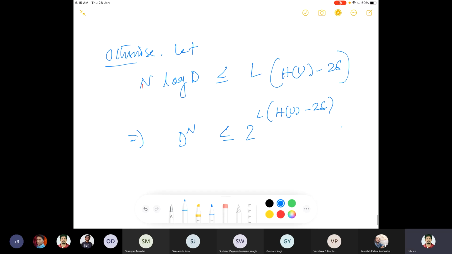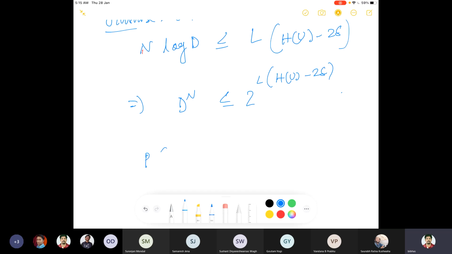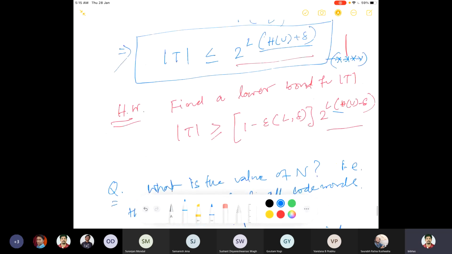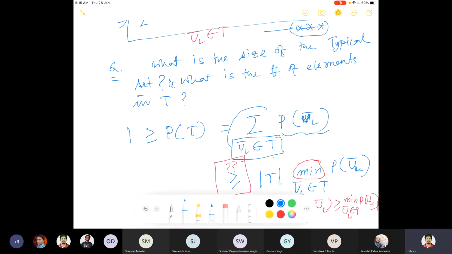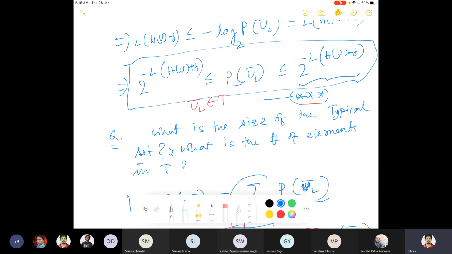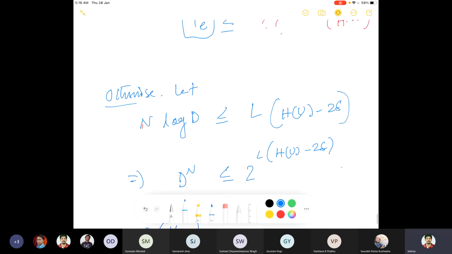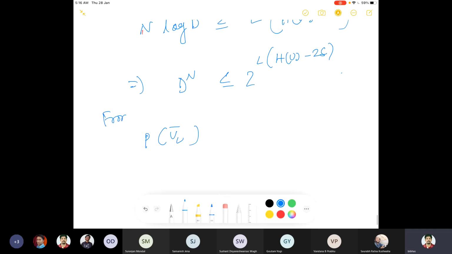Now the interesting thing is, if this is the case, what is the probability of U_L bar? The probability of U_L bar is less than or equal to 2 to the power minus L(H(U) minus delta), from equation 3 star.